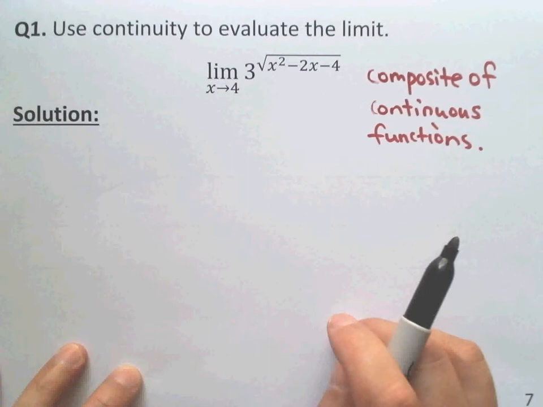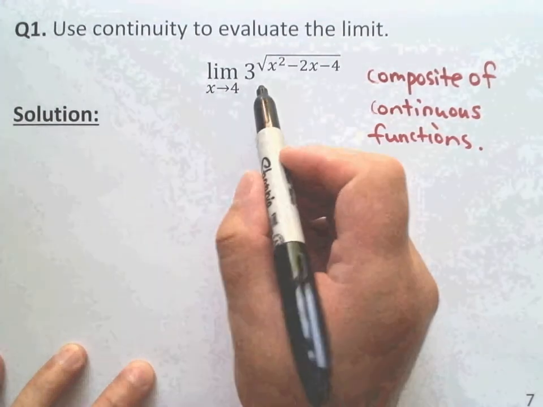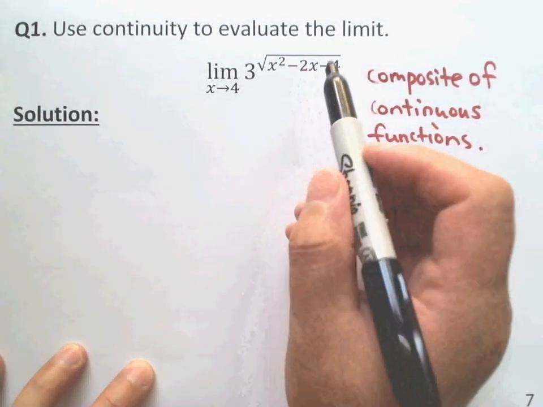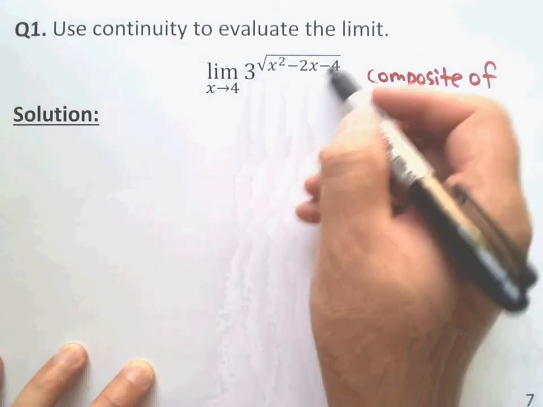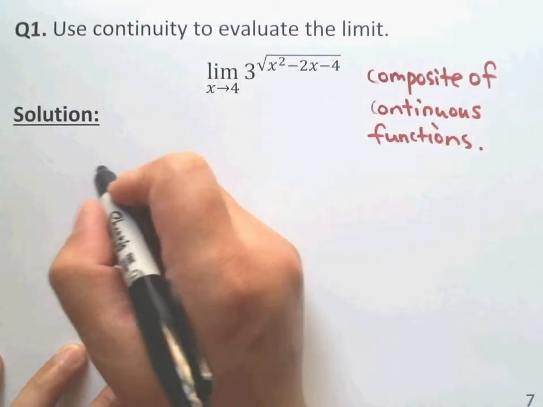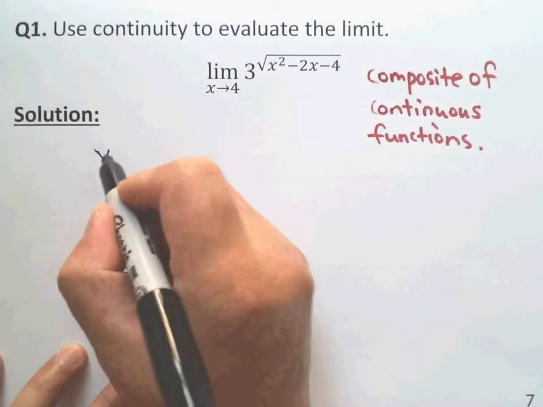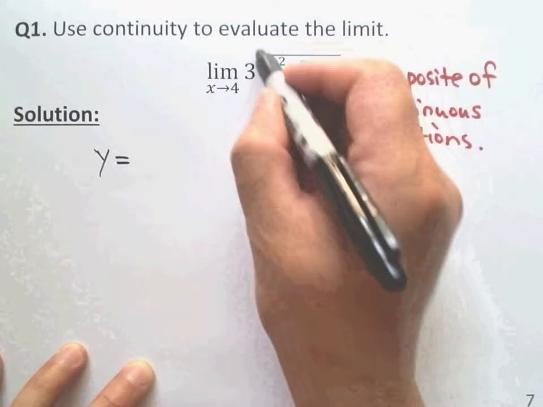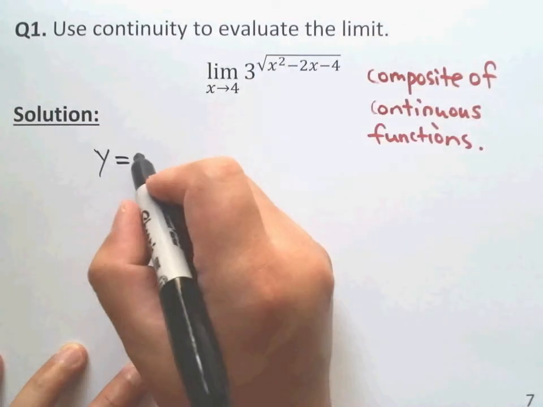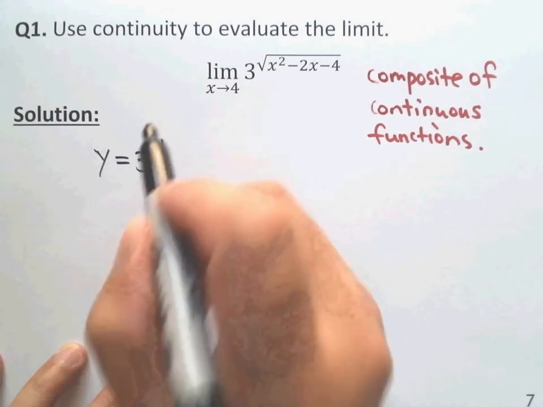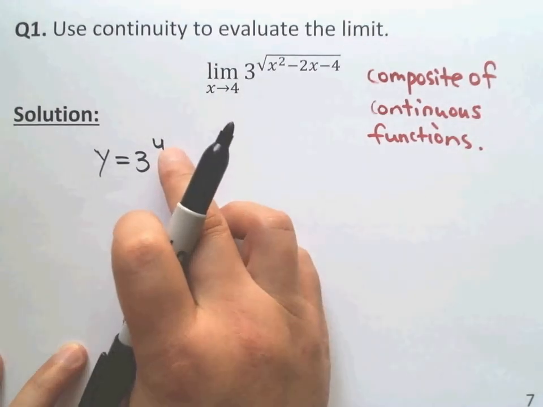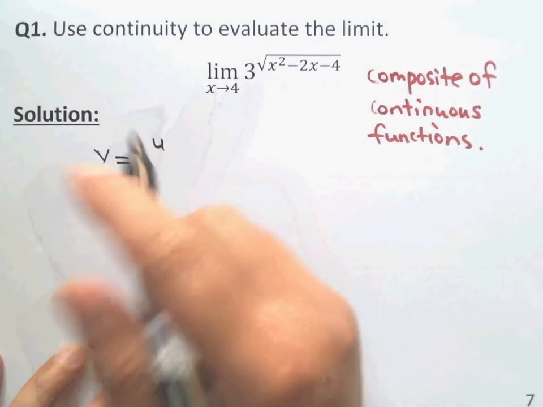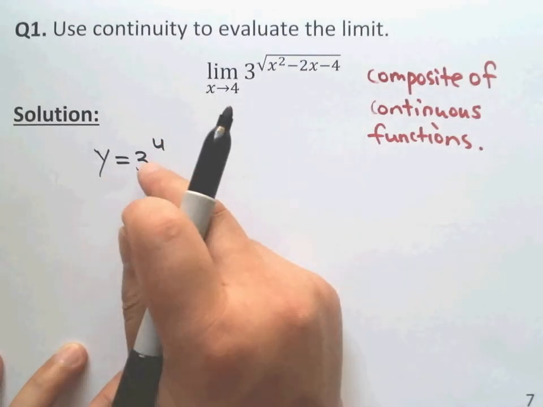So first, why is this a composite of continuous functions? Let me write this for you. Decompose. We learned this decomposition before, right? So I am going to say the function is y. So we have y. I am going to decompose it in 3 steps. I will set up all this as u. Okay, 3, put it to the power.